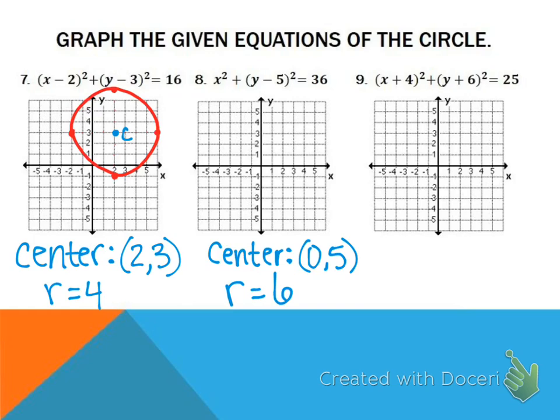So let's plot our center. Where's it going to be? Up 5. That's our center. Remember, the line for our circle won't go through that. In most directions, it's not too bad to fit this on the graph. I can go down 6 pretty easily, and I can go left and right 6 pretty easily. The only one that does not really fit on the graph is the one that goes straight up from our center.